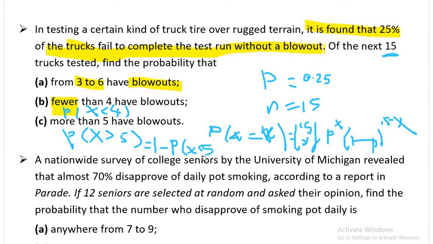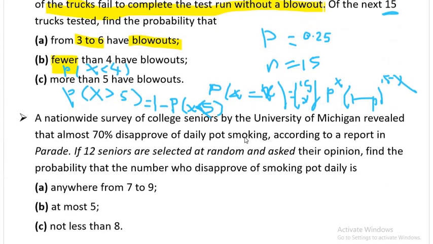Because if I find the probability of less than 5, it means 0, 1, 2, 3, 4. Only 5 formulas. But if you go from 6 to 15, there are 10 formulas, right? 6, 7, 8, 9, 10, 11, 12, 13, 14, 15. 10 formulas. So it's better to go to the other side.